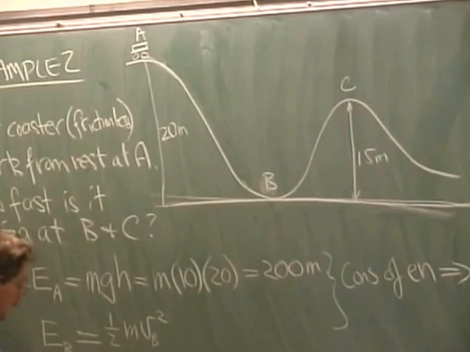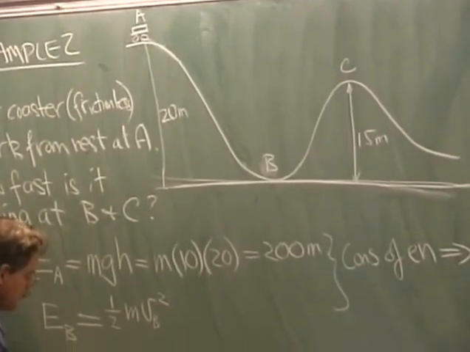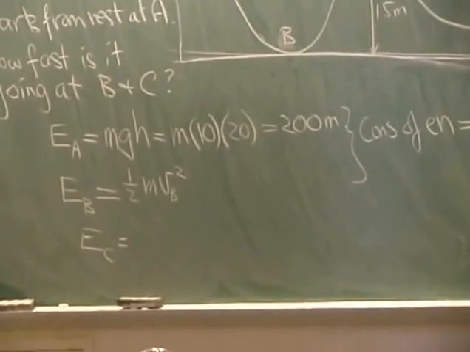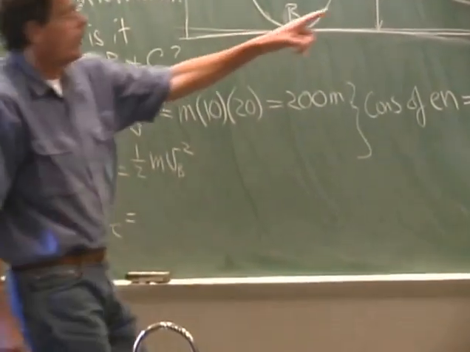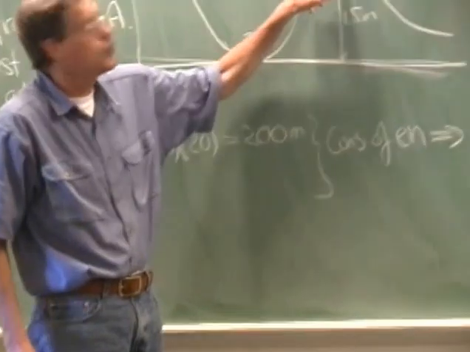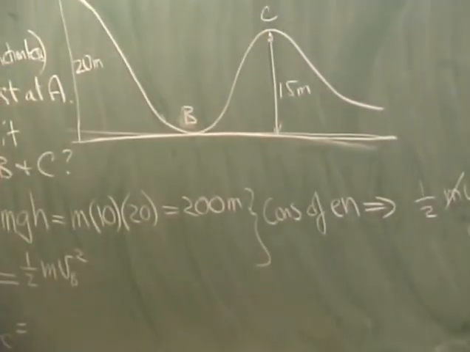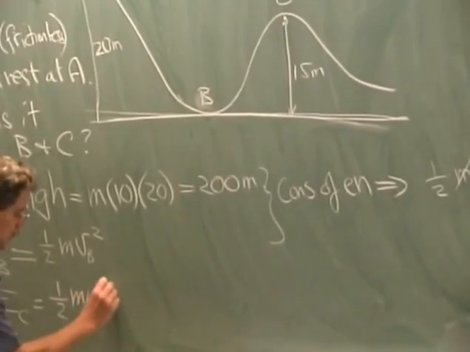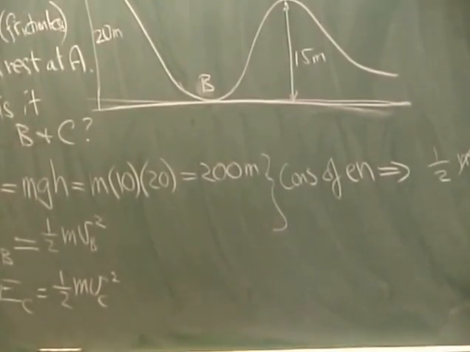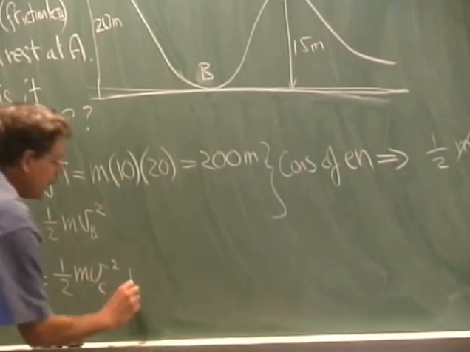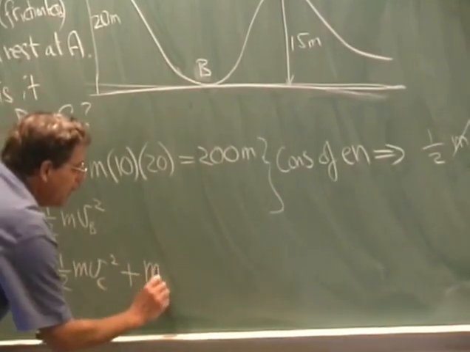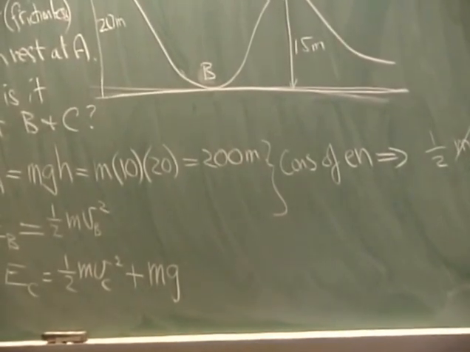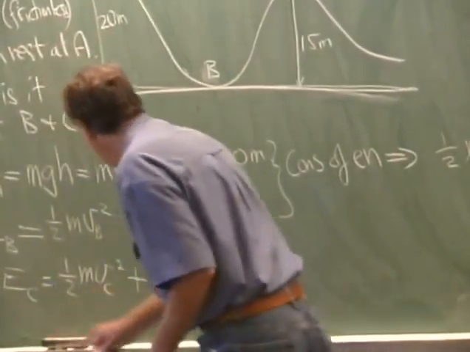Okay, how about C? That's the one I really wanted to do this problem for. What's the energy at C? Here, it's got gravitational energy. It's also got some kinetic energy. So it's got both. 1/2 m vC squared is the kinetic energy it has at that point. And it also has gravitational energy, mg times the height that it is there, which is 15.